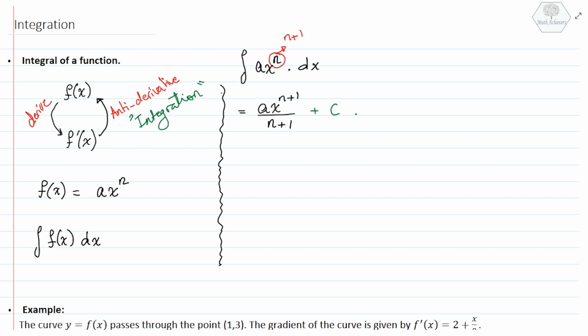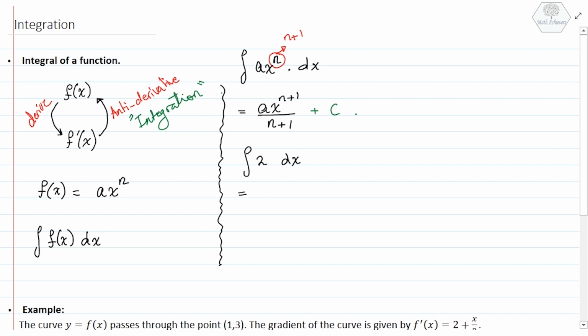If we have a constant, let's say we want to integrate 2 dx. The integration of 2 is equal to any constant, we just add x beside it.